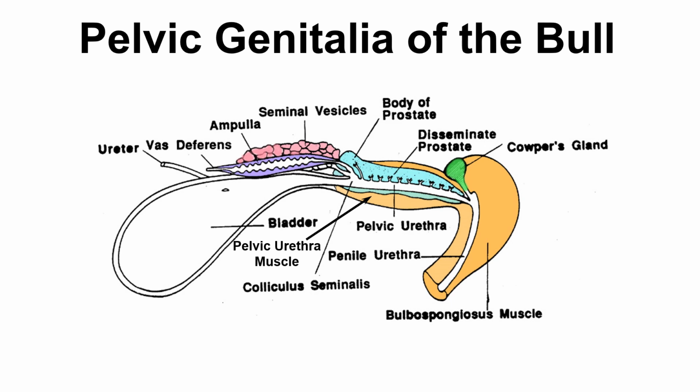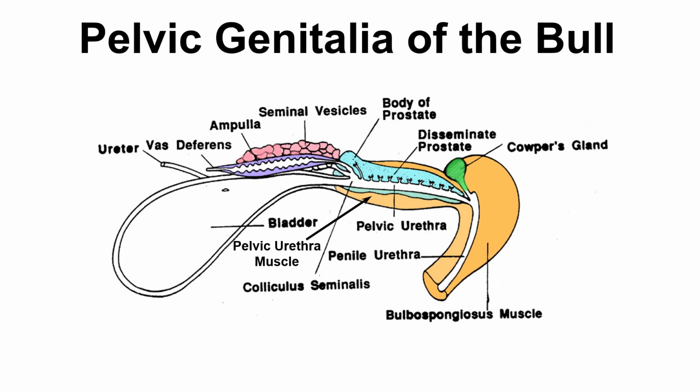On the top portion of the figure, we can see here the purple colored one, the vas deferens. So the vas deferens enters the region at the largest glandular structure, which is the ampulla. The ampulla secretes something in here, but not a lot, and this structure is also not present in all domestic animals.